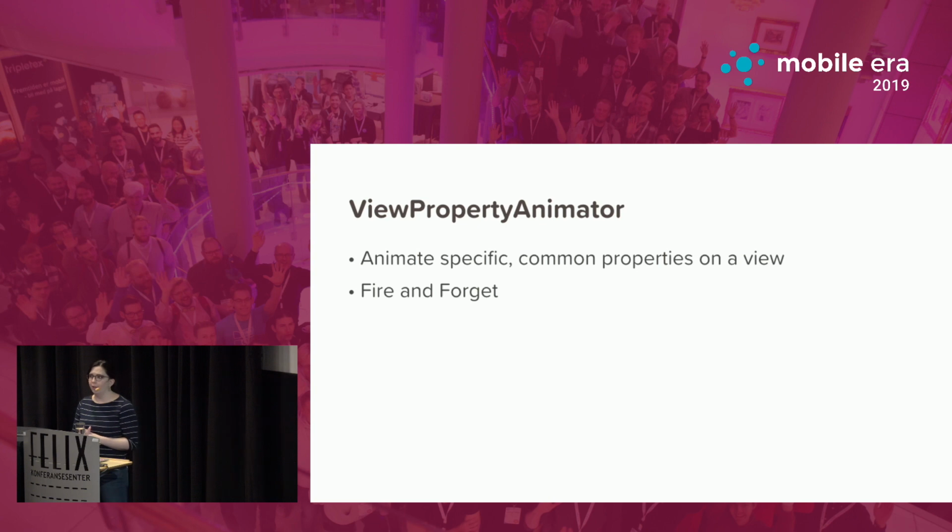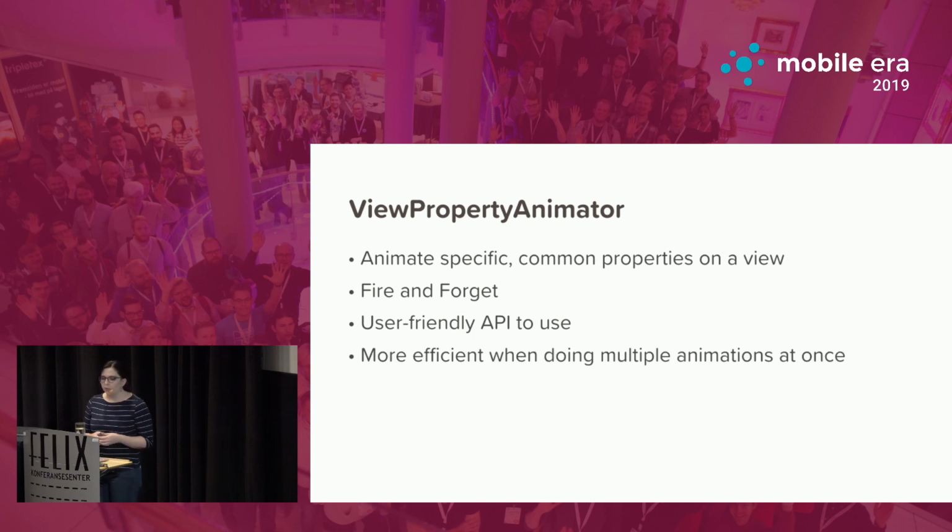This is also fire and forget, so you can't scrub it to a certain point. This is a very user-friendly API, in my opinion. It's very nice to use, and it's very understandable what you're actually doing with it. It's also more efficient when you're doing a bunch of animations at once, so you can group them all together and run them as a set, that kind of thing.